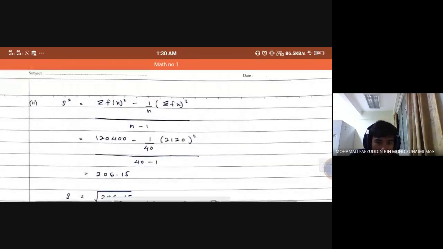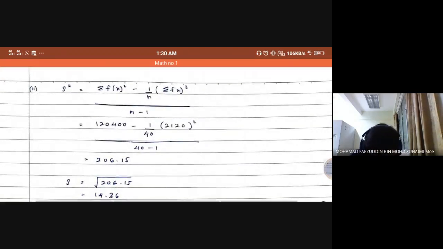Okay, next for question number 2, B2, we are required to find the standard deviation. So by using the variance formula, that is summation fx square minus 1 over n open bracket summation fx close bracket power of 2, over n minus 1. So we substitute the data and we got the variance is equal to 206.15. So to find the standard deviation, we square root the variance and we got the standard deviation that is 14.336.